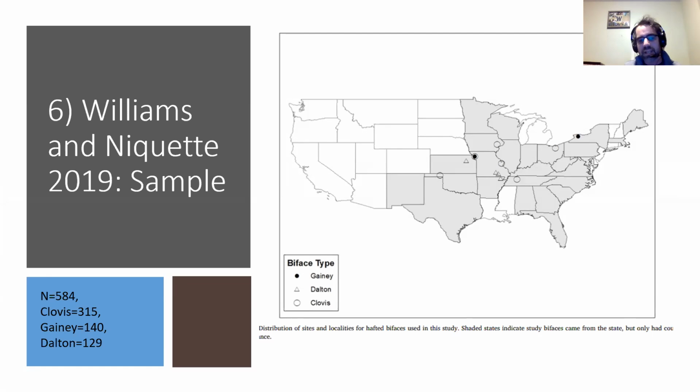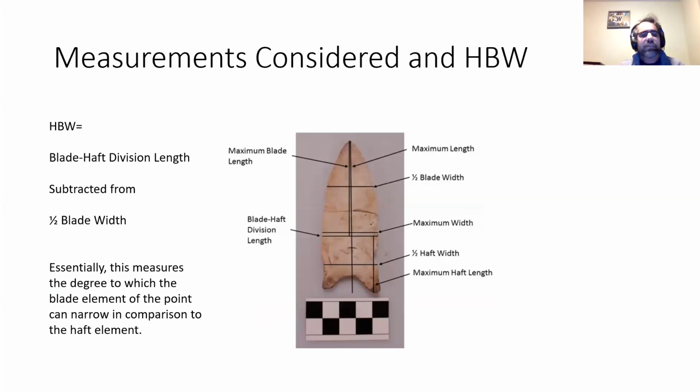So we used a sample of Gainey, Dalton, and Clovis points from all of the states shaded in gray. Triangles are Dalton sites, circles are Clovis sites, dots are Gainey sites, and we also included random points found in various places, indicated by a state being in gray. That means we didn't have a specific site that we drew points for, but we did have images of projectile points that we used.